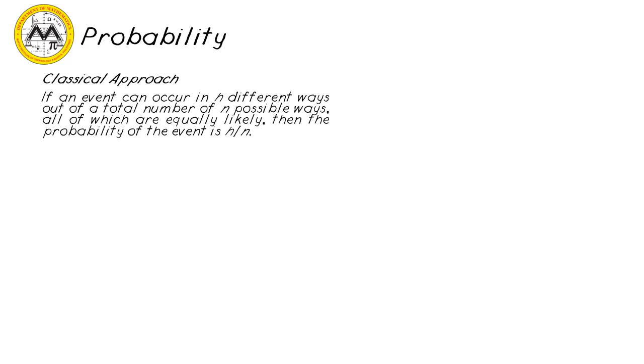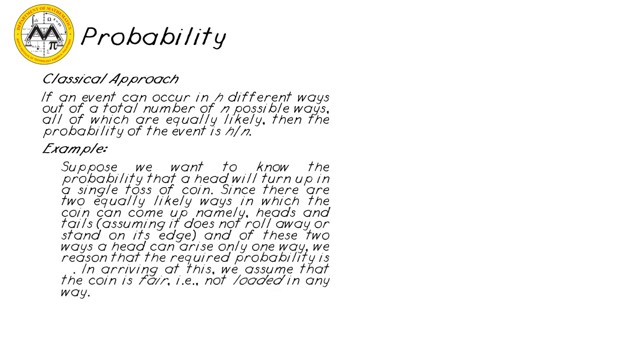Sorry, this is h. Example, suppose that we want to know the probability that a head will turn up in a single toss of a coin. There are two equally likely outcomes, the head and the tail.